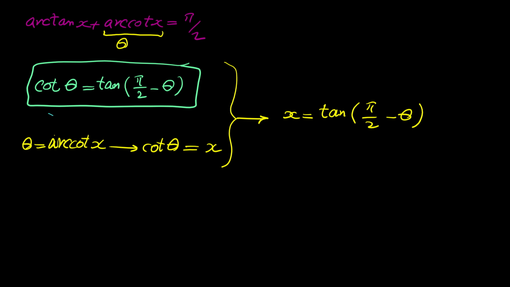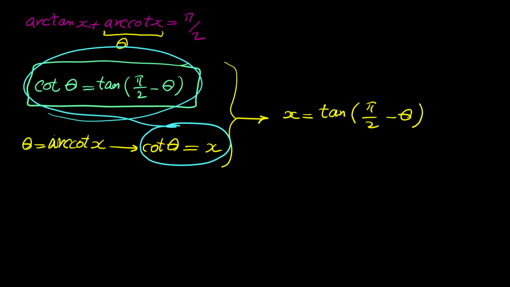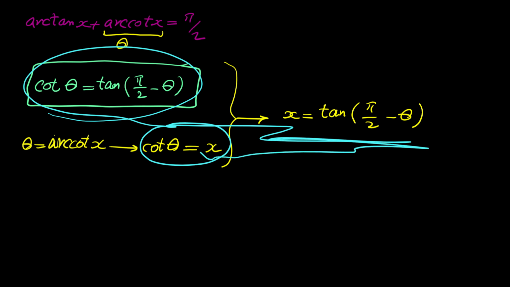So from this relation and from this relation we can write this, because x equals this and this equals that, so x equals that.